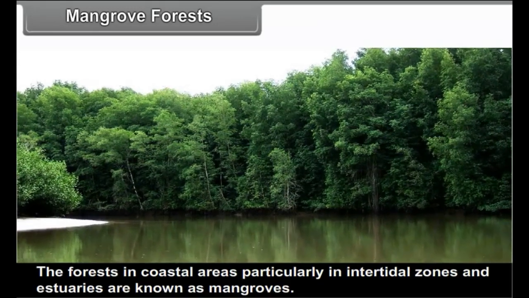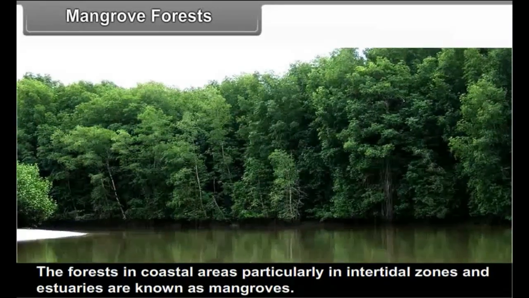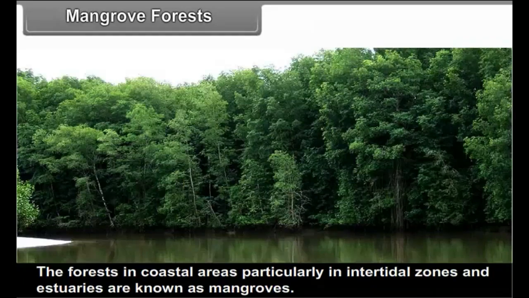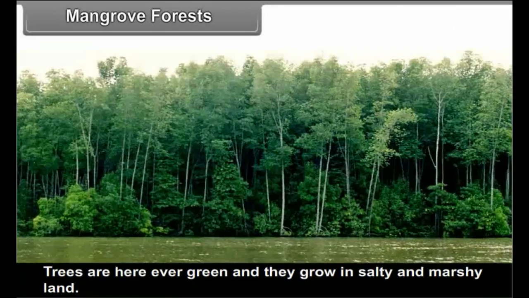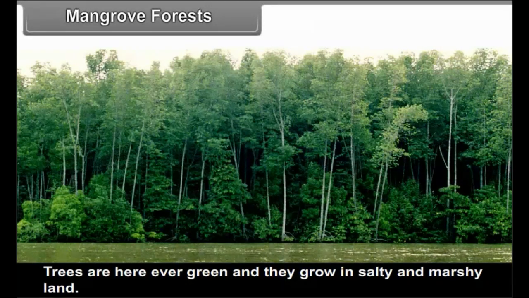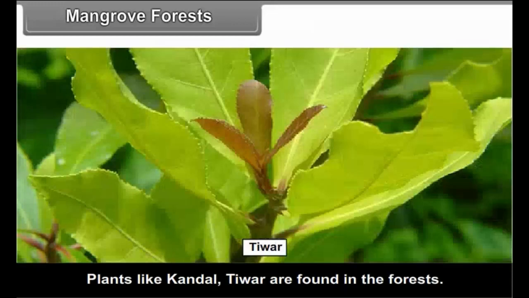The forests in coastal areas, particularly in intertidal zones and estuaries, are known as mangroves. Trees here are evergreen and they grow in salty and marshy land. Plants like kandal, tivar are found in the forests.